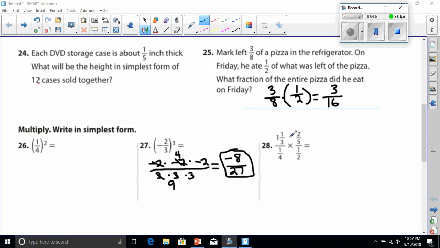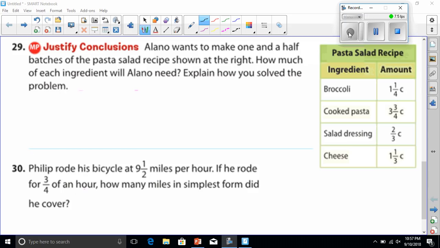All right, and let's move downward. And now we're on number 29. Alana wants to make 1 and a half batches of the pasta salad recipe shown at the right. How much of each ingredient will Alana need? Explain how you solved it. Well, I'm going to go ahead and multiply 1 and 1/2 to every one of these, okay?